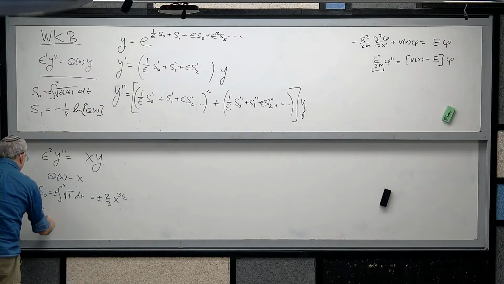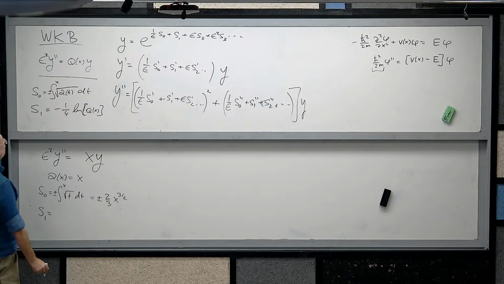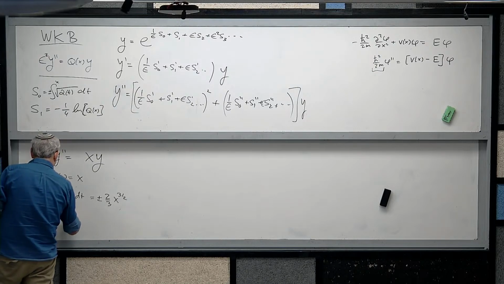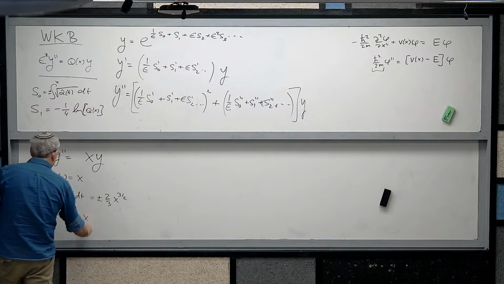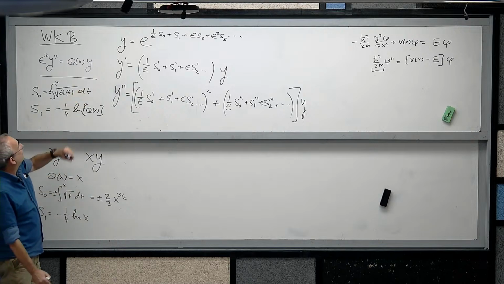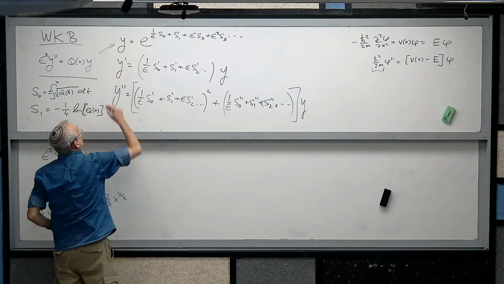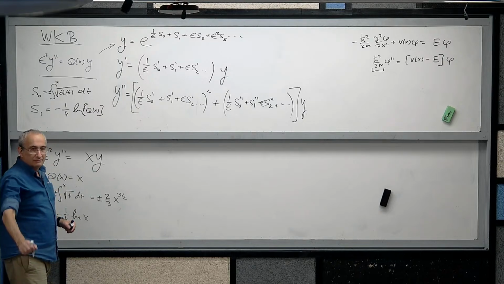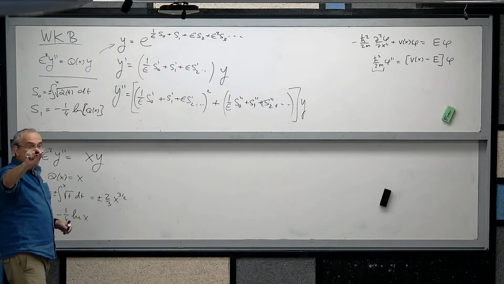And S1 is what? It is minus 1/4 ln x. So plugging that into our expression for y, this is exactly what we got when we used dominant balance, not dominant balance, but local analysis.